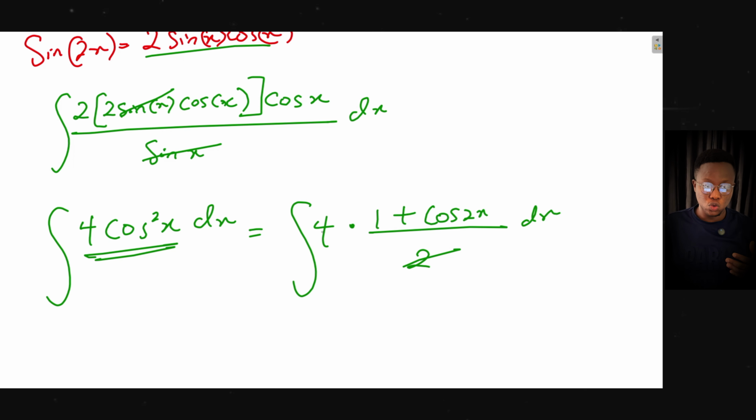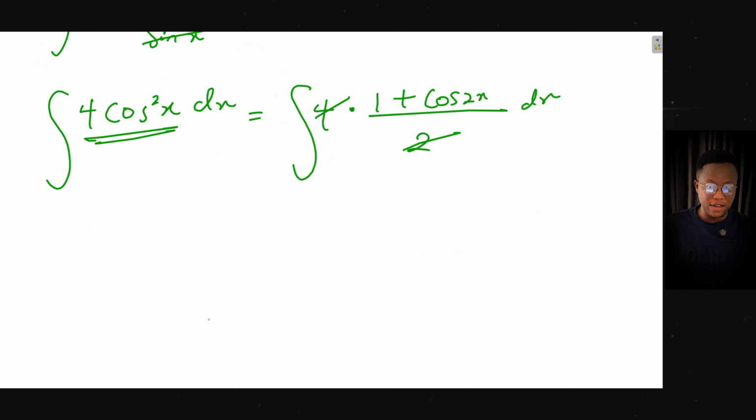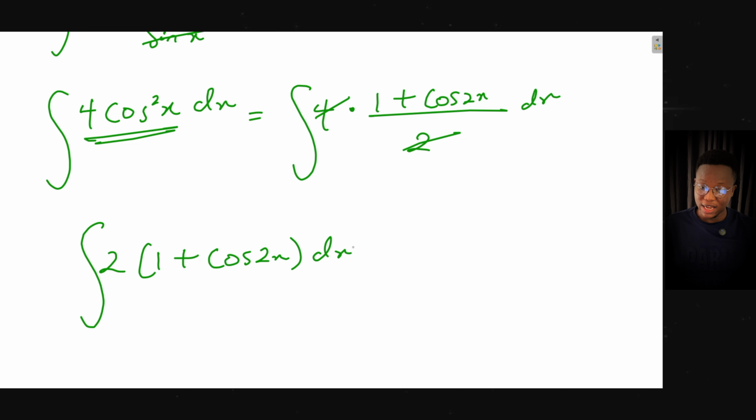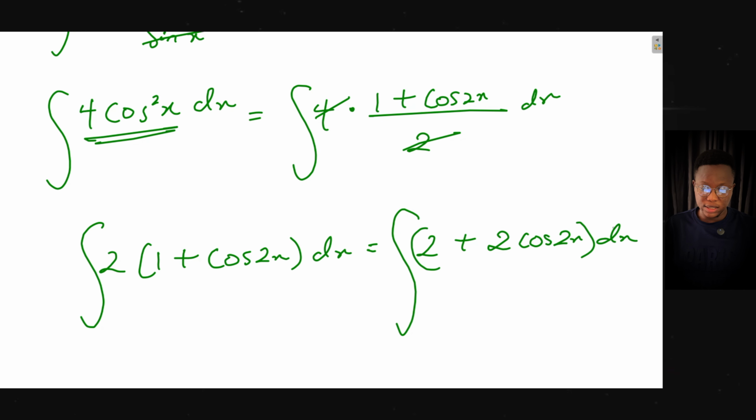Therefore 2 will divide 4, and we are left with the integral of 2 into (1 plus cos 2x). I think at this point it's getting clear, yeah? And this will give us 2 plus 2 cos 2x dx. Let's put all of that in the brackets here.